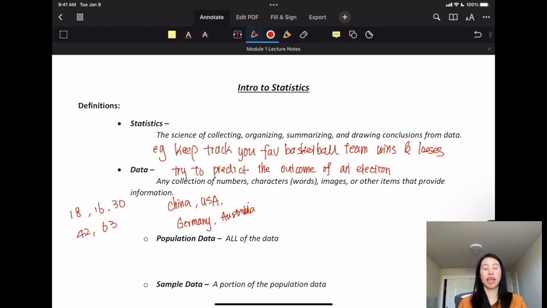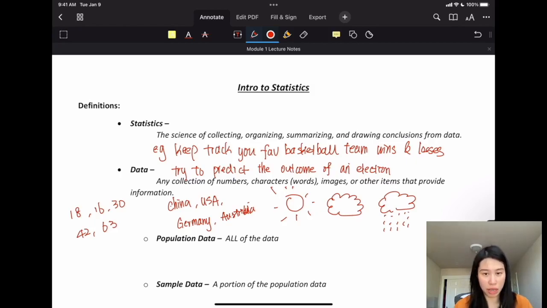So what does image data look like? Well, when we're looking at the weather forecast, we will see an image of a sun, then we know that this is going to be a sunny day. We see a cloud, we know that it's going to be cloudy or a rainy day. So data can be in different forms.